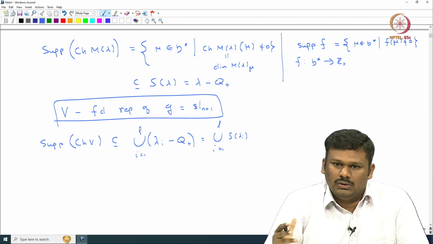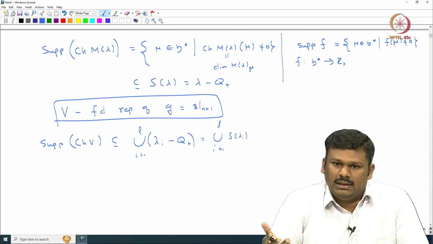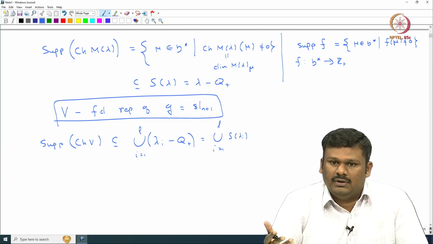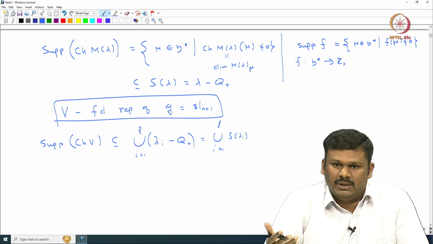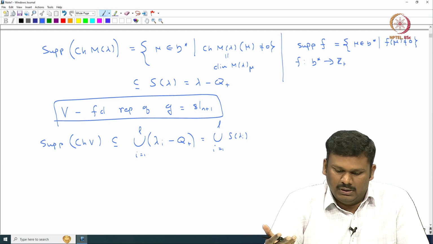Okay. So, you have a filtration whose successive quotients are isomorphic to Verma modules. So, in particular the character of those modules can be written as a finite Z combination of the characters of Verma modules.